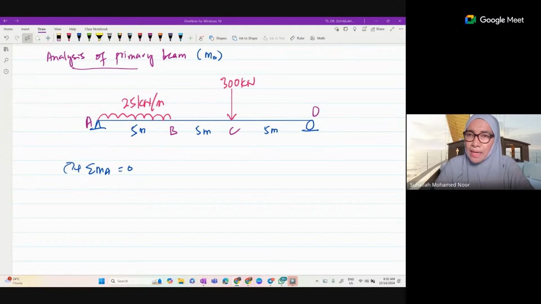Remember the learning outcome for this course. Showing how to get the reaction is a learning outcome when you learn beams for the first time, where students should be able to calculate reactions using the equilibrium equation. That is not the learning outcome for this course.